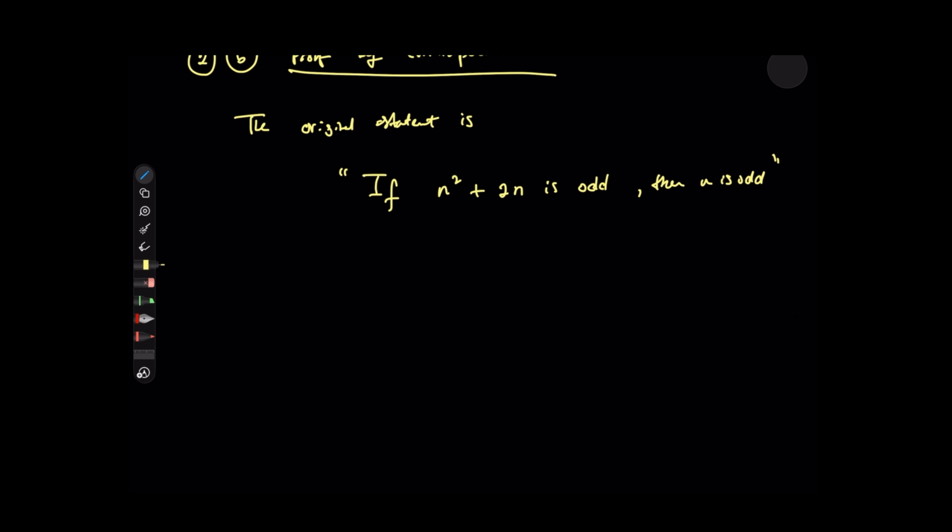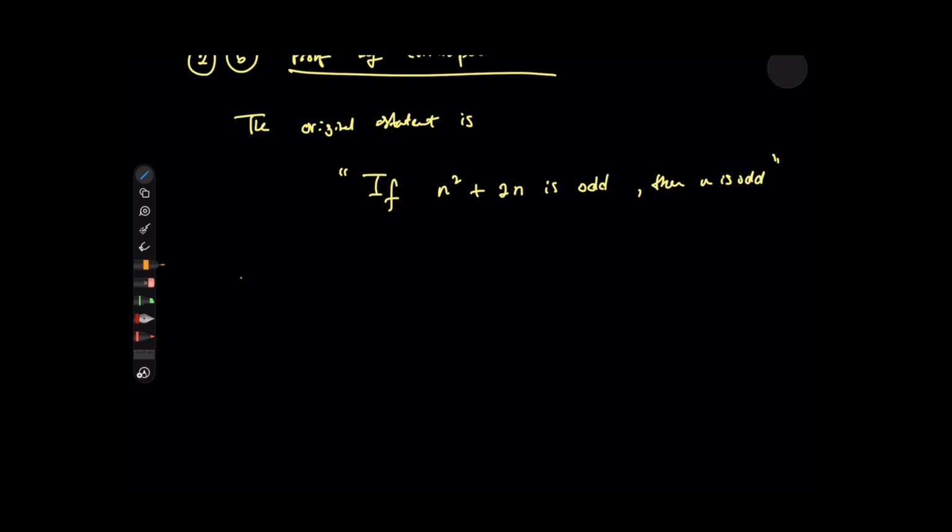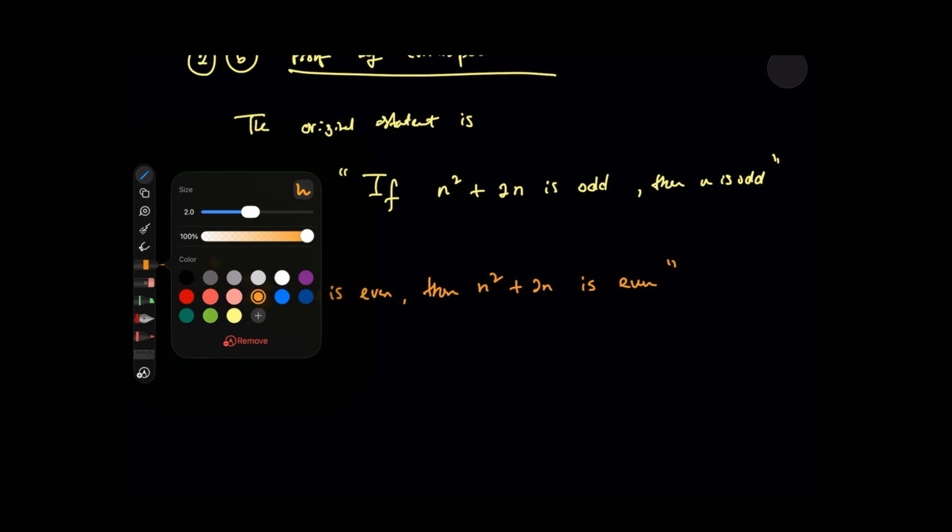So the contrapositive of this statement will be taking this part here and putting it in front, negating it, and similarly for this here. So the contrapositive is if n is even, then n squared plus 2n is even, right? This is what we have to prove here now.